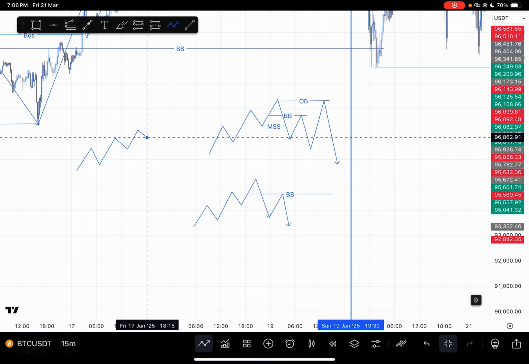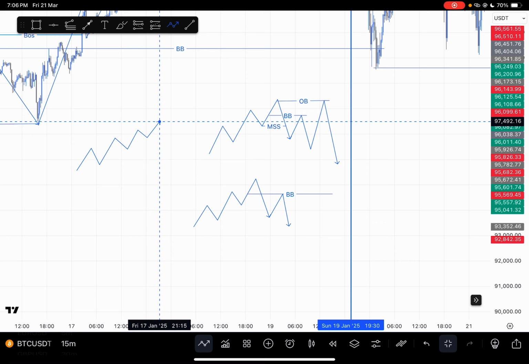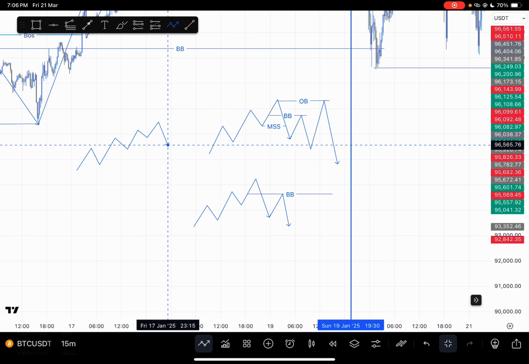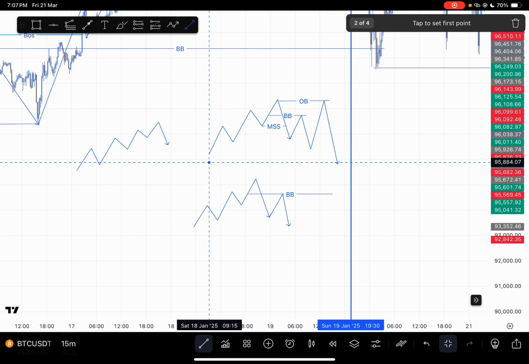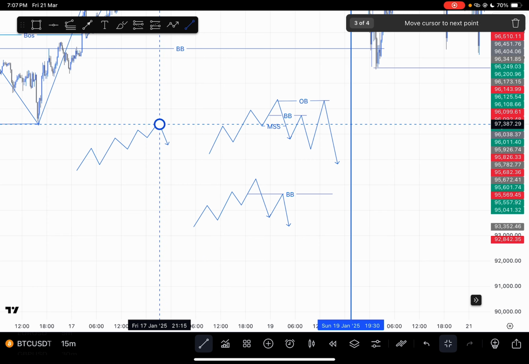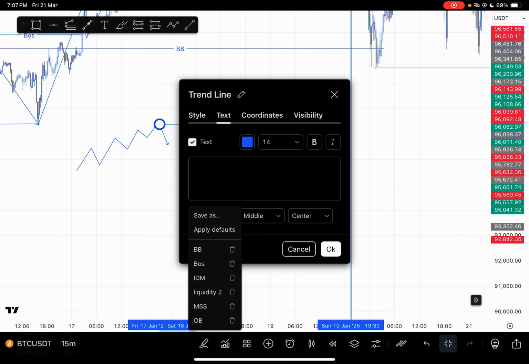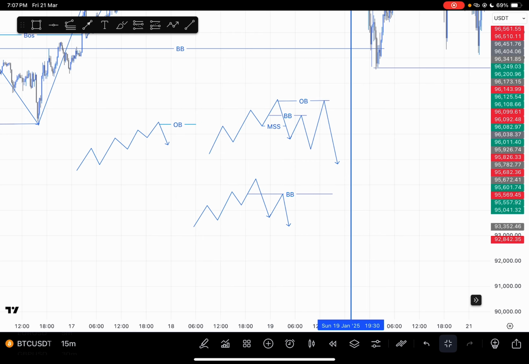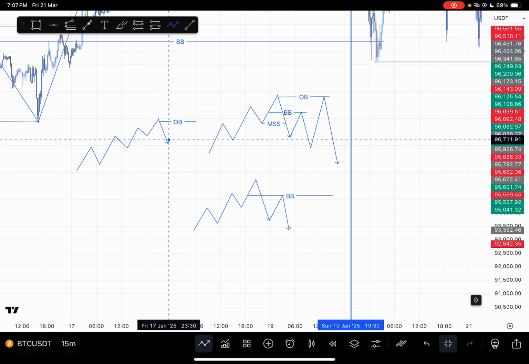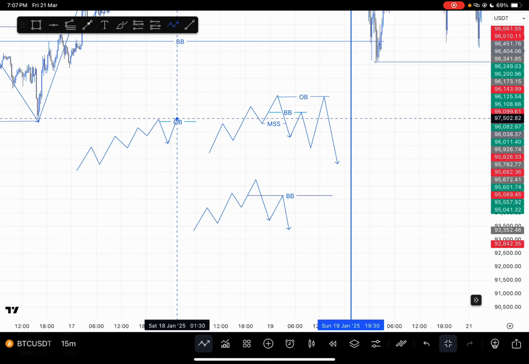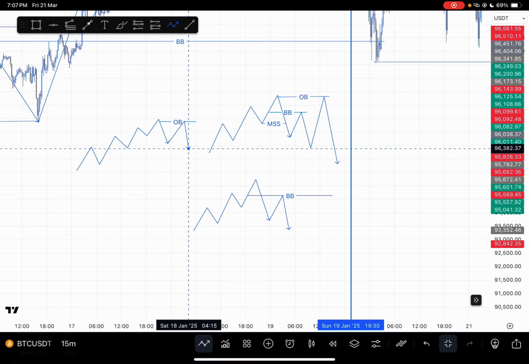So, let's say after this pullback, price did a market structure shift here, and on this point there's only an order block here, no breaker block, just an order block. What you should expect price to do is to use just that order block to take out the previous low.